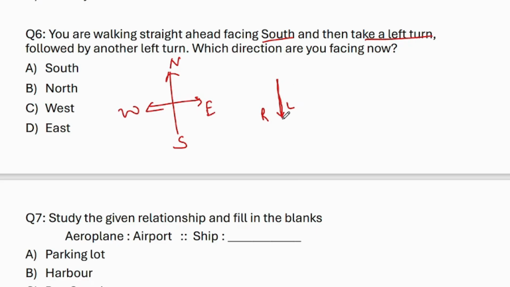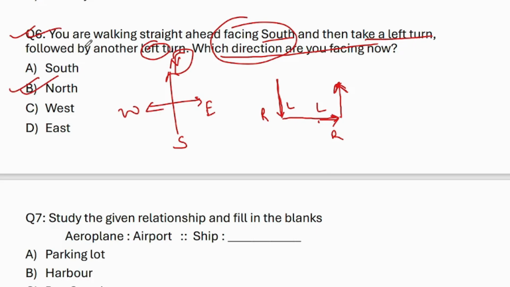You take a left turn, followed by another left turn. Now when you are walking, this side will be your right and this side will be your left. So take another left turn. Which direction are you facing now? This direction is north. The answer is north. Whenever this type of question comes into your exam, please draw following this hint or trick.